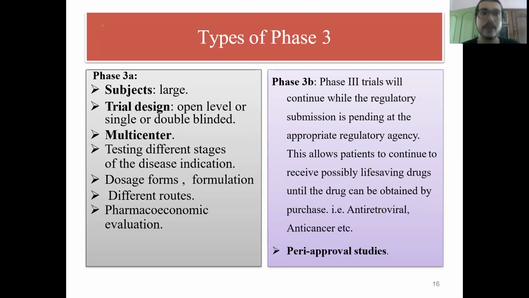So what is the pharmacoeconomic effect? For example, if the COVID-19 vaccine is coming, but it is costing around 3,000, suppose. That will not be a very economic thing to buy, because in our country, in India, most of the people are at or below the poverty level, or they're middle class.